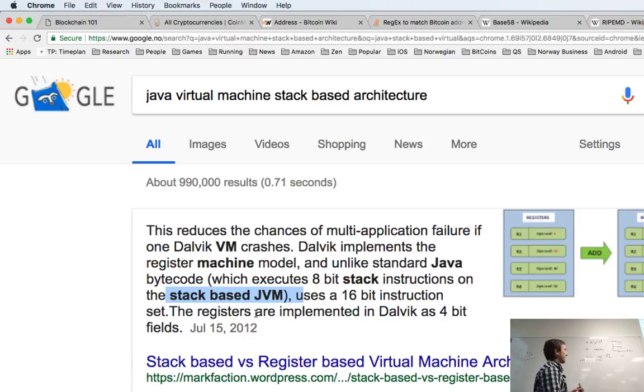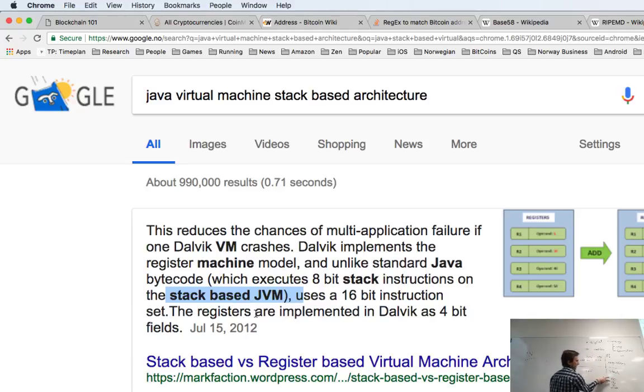But the normal Java doesn't do that. The normal Java does something else. Instead of the concept of registers, it has a concept of a stack. And now I just have a stack. And my instruction to add two numbers is simply add.